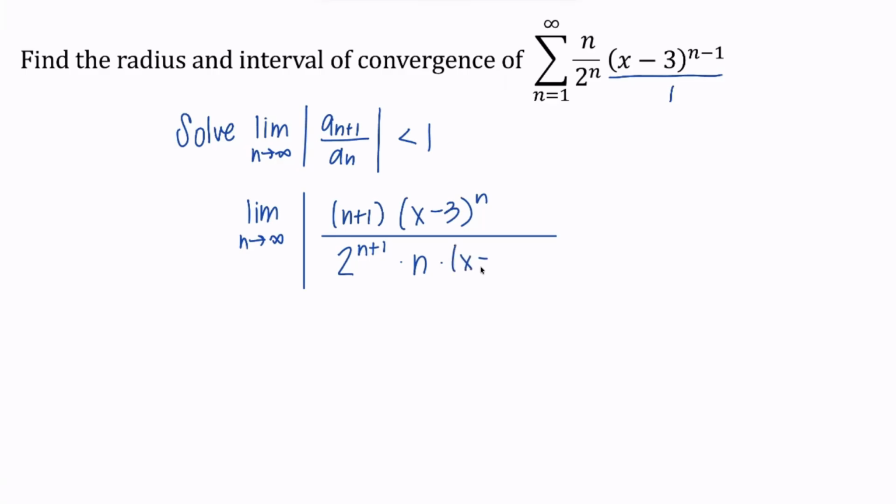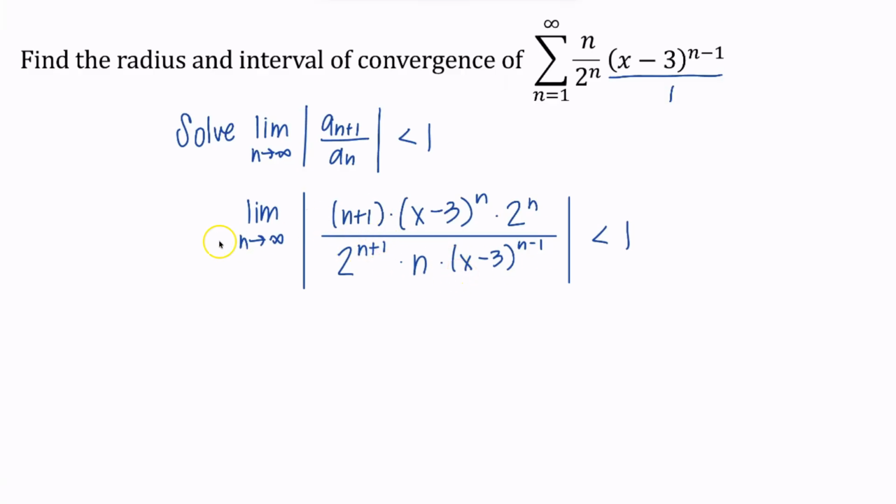Then the 2 to the n is in the denominator, so it's going to move to the numerator. So we're multiplying by the reciprocal all at once here, and we need to know, when is this less than 1?